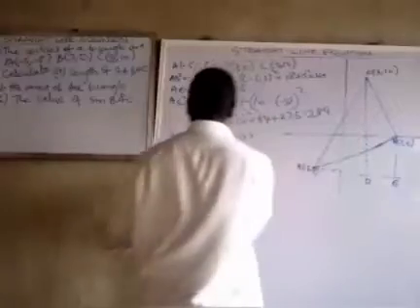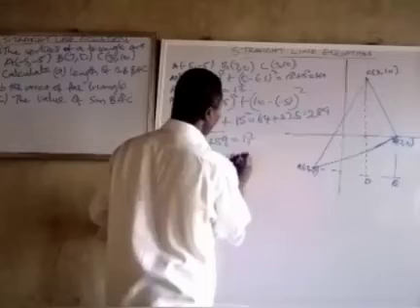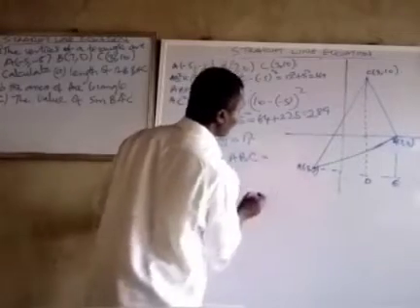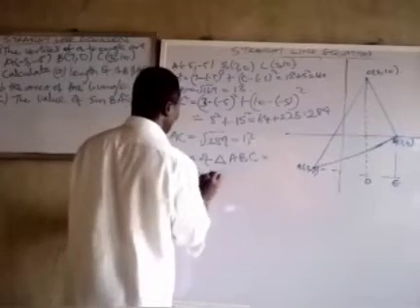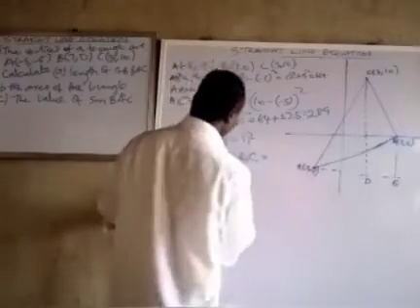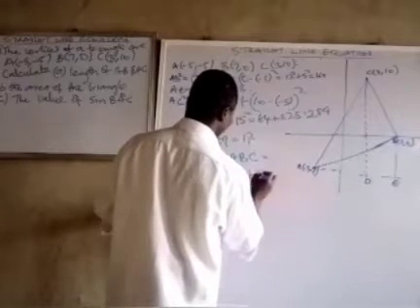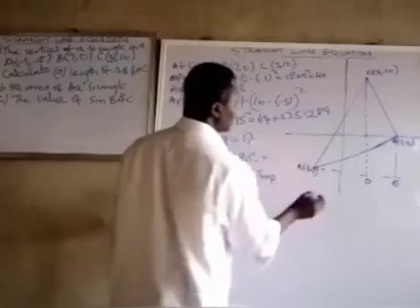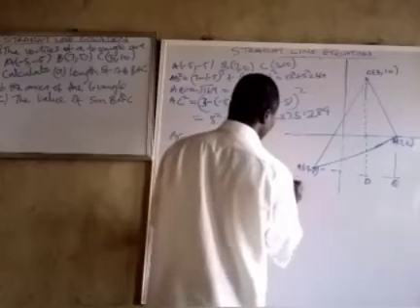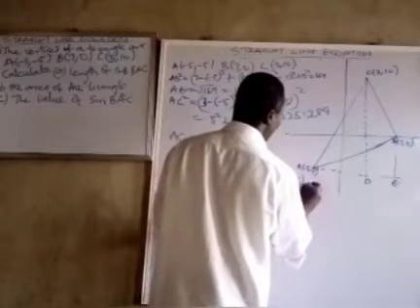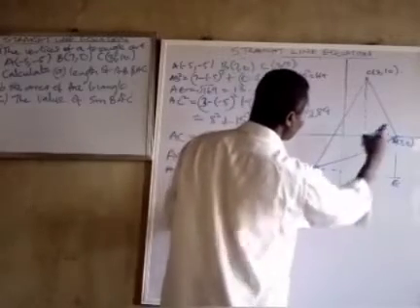So area of triangle ABC will be equal to area of triangle ACD plus area of trapezium DCBE minus triangle ABE.